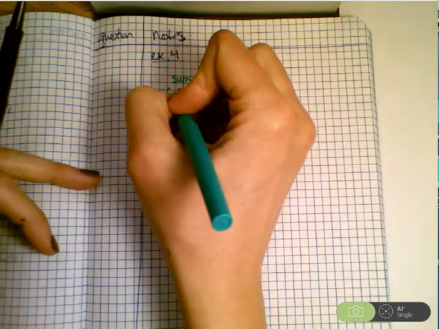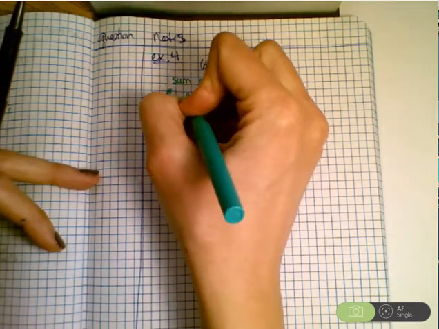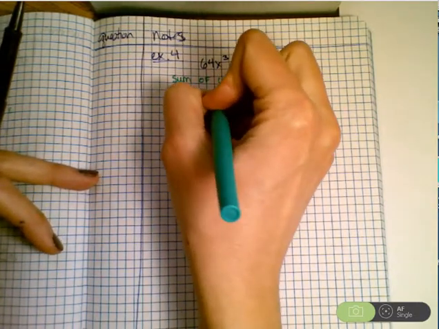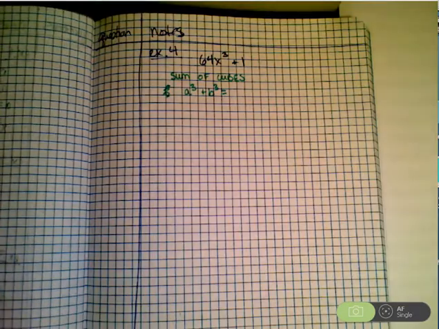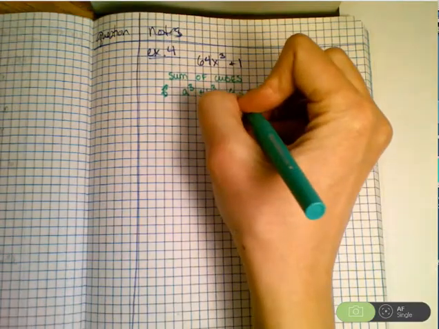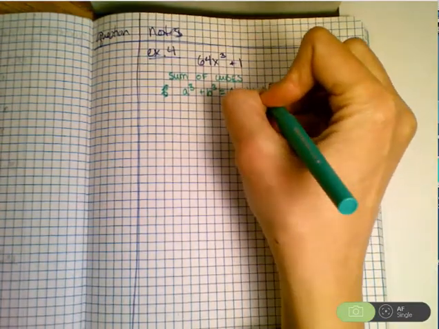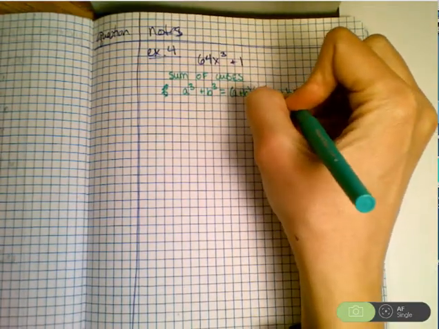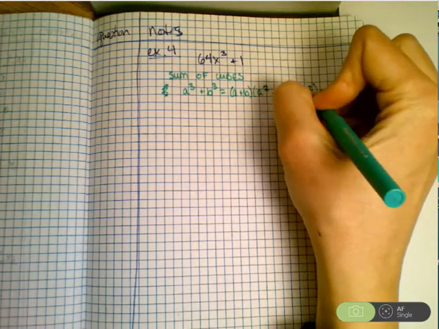And the sum of cubes formula, whoops, is the one that says a cubed plus b cubed equals a plus b times a squared minus ab plus b squared.